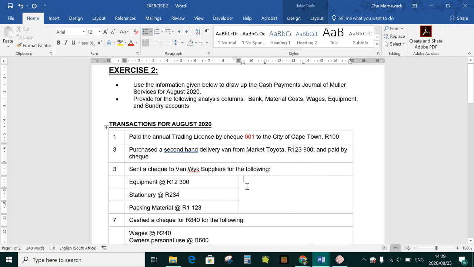So we're going to say 12,300 plus 234 plus 1,123. And if I do that on the calculator, I get 13,657. That is the total value that we paid to Van Wyk suppliers.